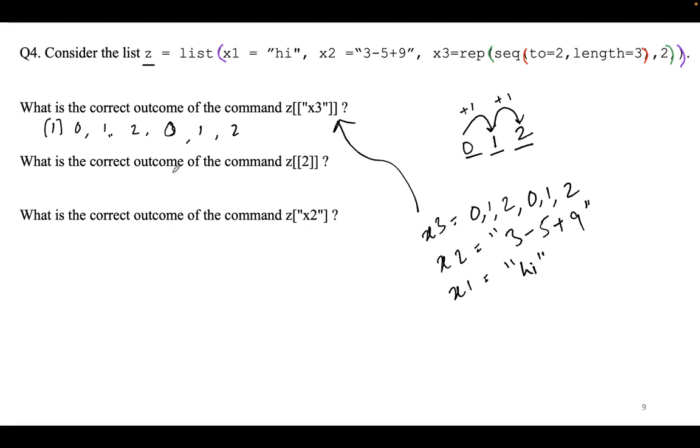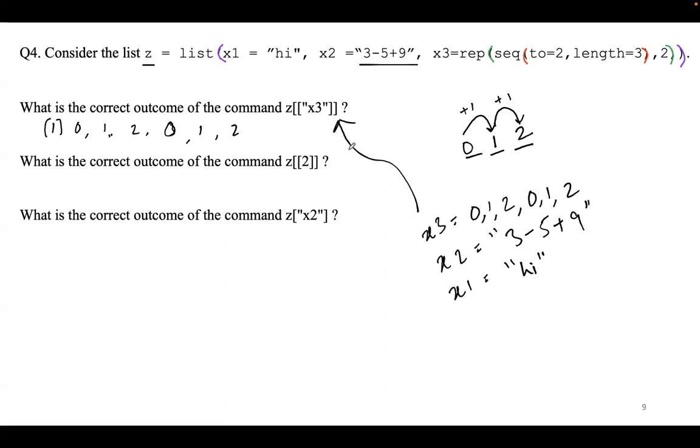What is the correct outcome of the command Z in double square brackets 2? Second element. So is it going to be this, or is it going to be 7?